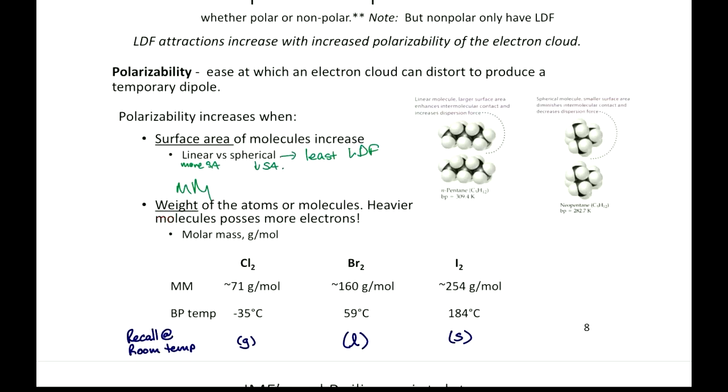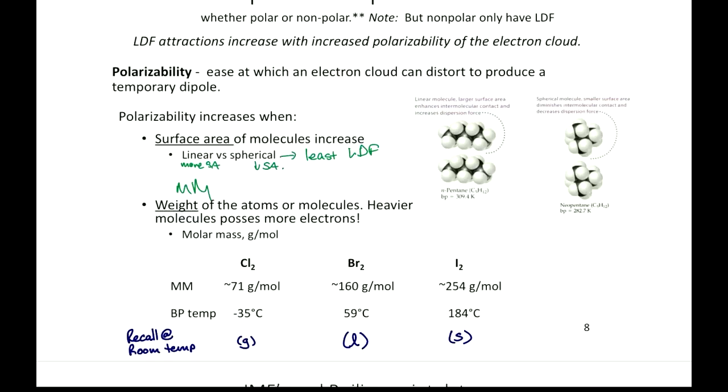Weight also matters: we looked at helium and neon. Neon has more electrons, so it will exhibit more London dispersion. If we look at our chlorine, bromine, iodine examples as well, we can see the trend again. The molar masses of diatomic chlorine, bromine, and iodine increase, and if we look at their boiling point temperatures, we see they also increase.